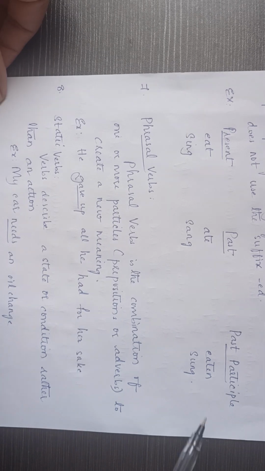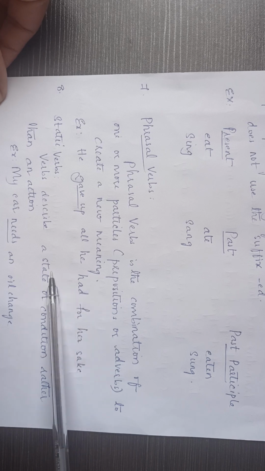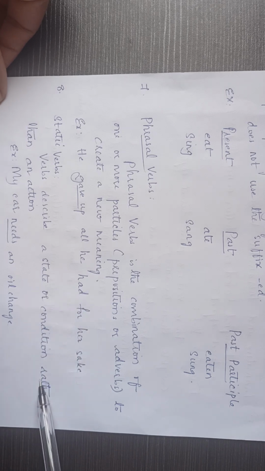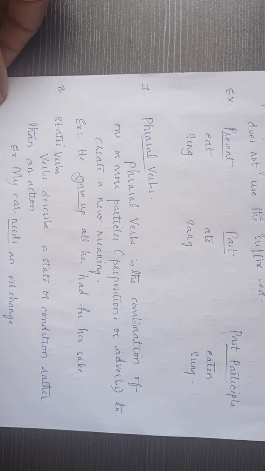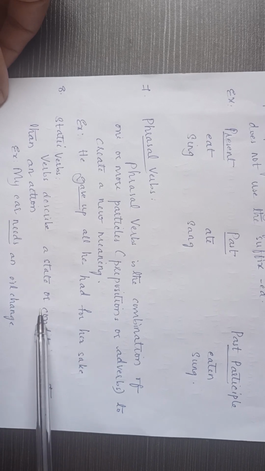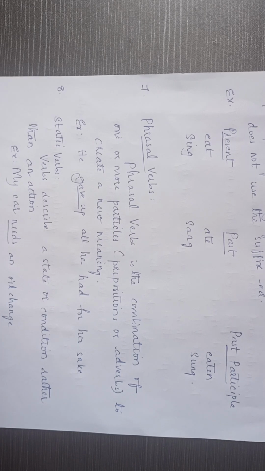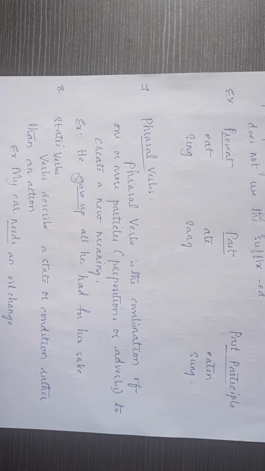Next one is static verbs. So these verbs describe a state or condition rather than an action. Example, my car needs an oil change. Static verbs express condition or state of being, to describe things like qualities, states of existence, opinions, beliefs, and emotions.